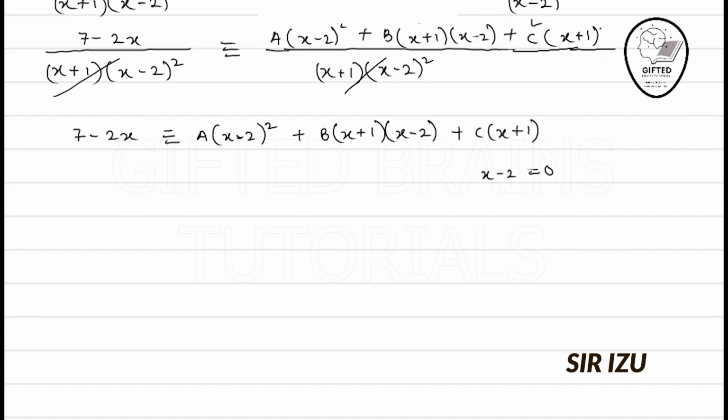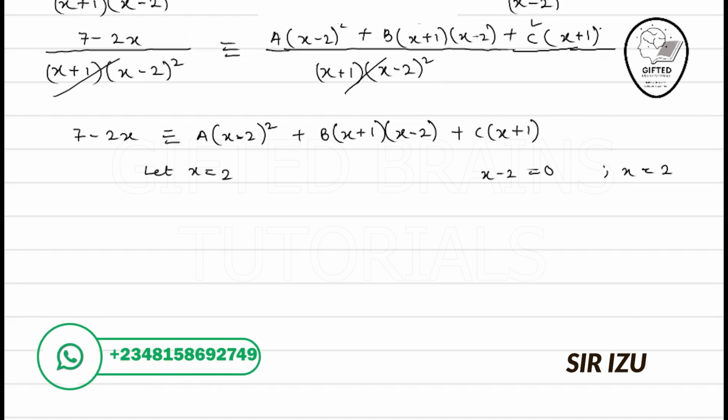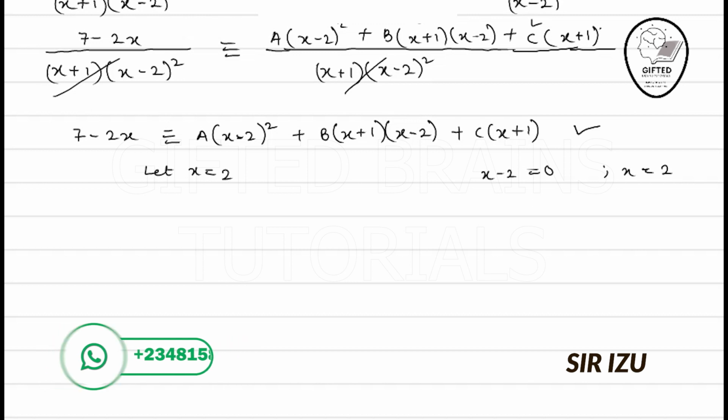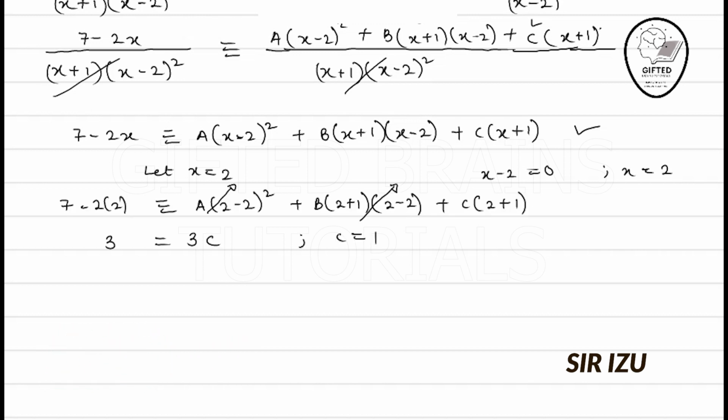So we have x being equal to 2. And so we say let x be equal to 2. If we substitute 2 into this equation here, our final answer will be C equal to 1. Again, we pick another linear factor we can see there. Another one we can see is x plus 1.